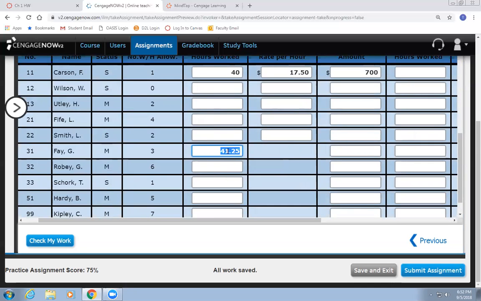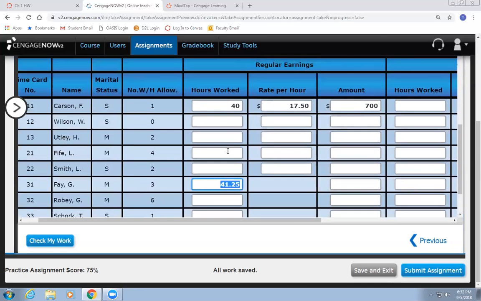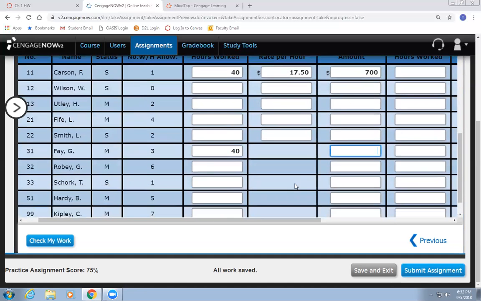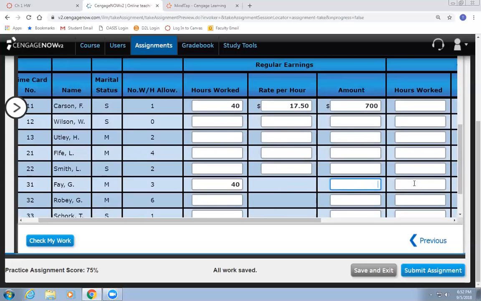We actually need to put in 40. Just our regular earnings are 40. We need to do 40 hours because that's her regular pay. So under regular earnings, we always just put in the 40. And then for her overtime hours worked, we're going to put that 1.25 under the overtime hours worked.